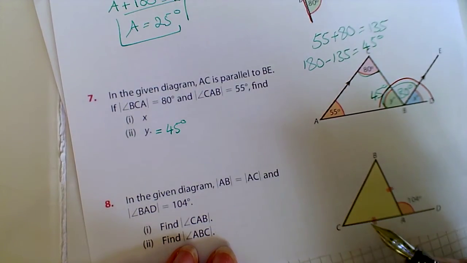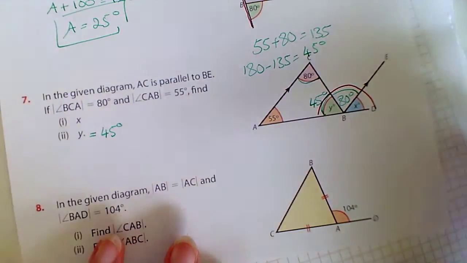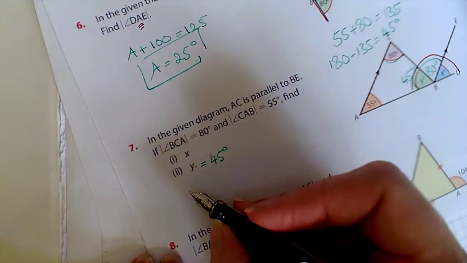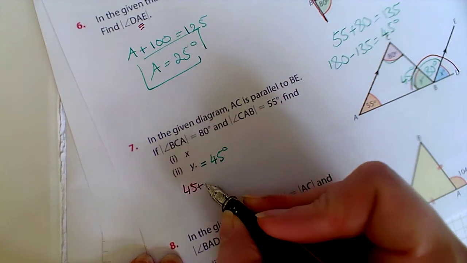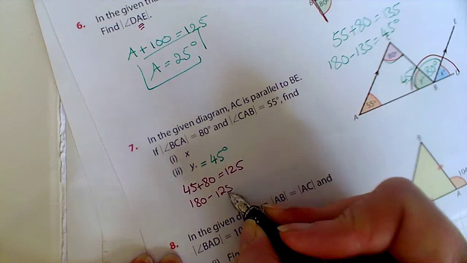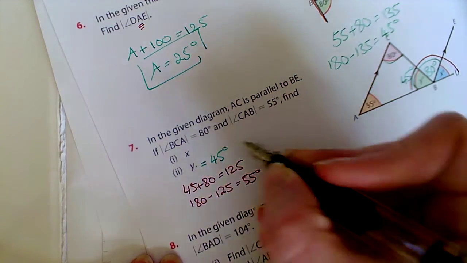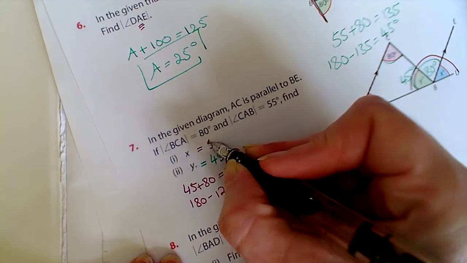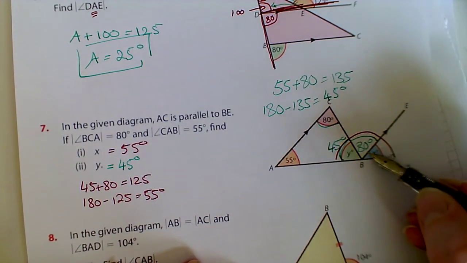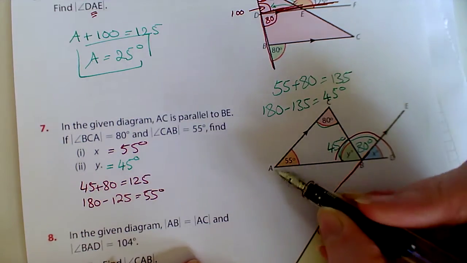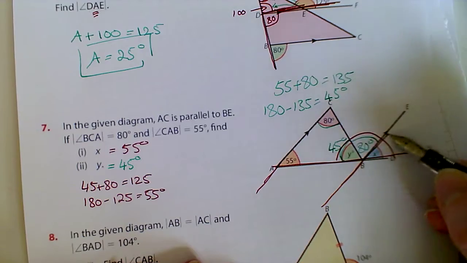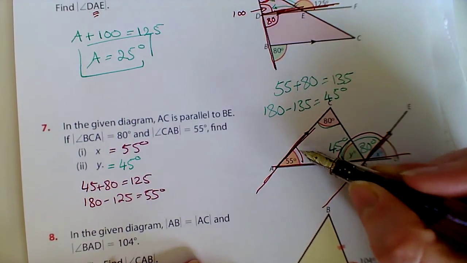And then I have that those are on a straight line. X, Y, and 80 are all on a straight line. So 45 plus 80 is 125. 180 minus 125 is 55. So X is 55 degrees. We also could have worked out X by extending our parallel lines here and noticing that we have an F shape.